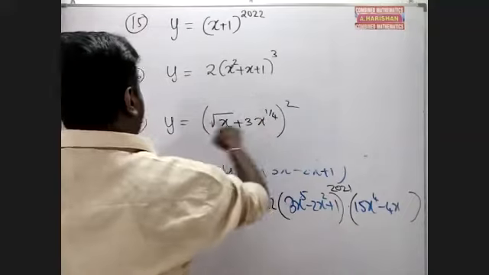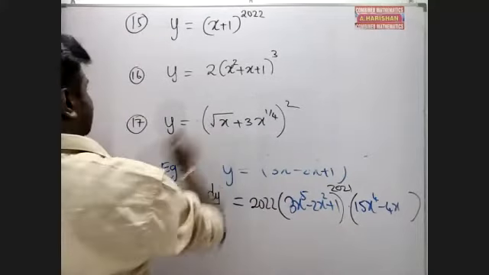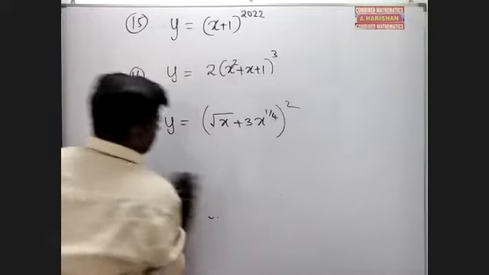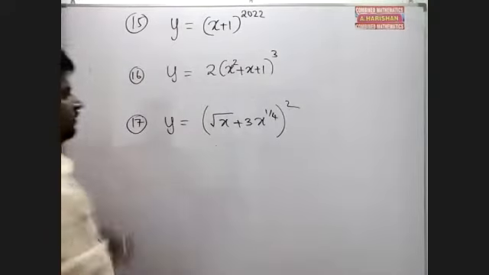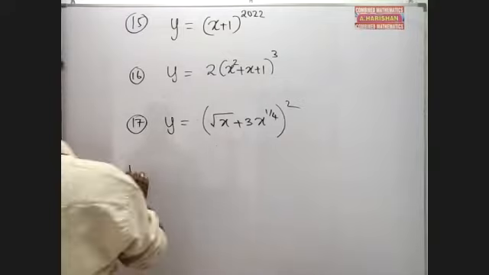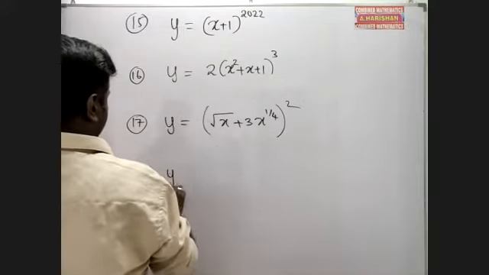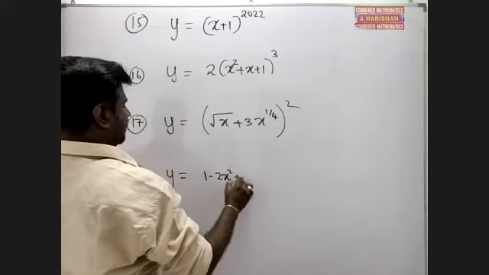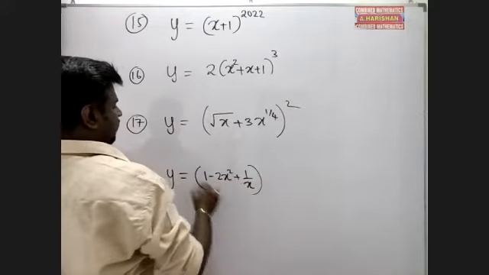All things squared. Oh my goodness. 18. Y equals (1 minus 2x squared plus 1 over x), all thing cube.